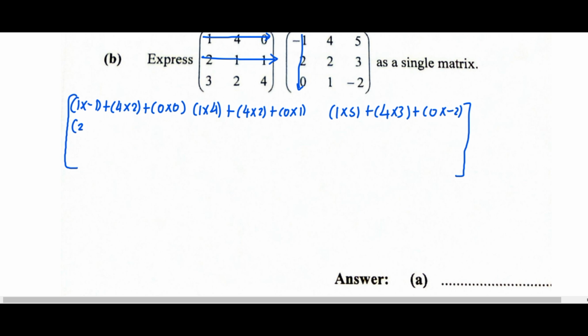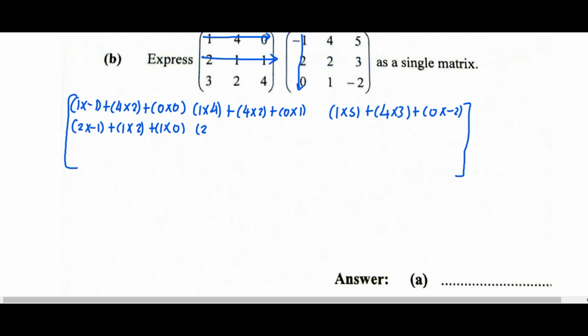So we move on to the second row, the same pattern. So it's 2 we multiply with -1 plus 1 we multiply with 2 plus 1 we multiply with 0. We go to the second column. So it's row 2 times second column.